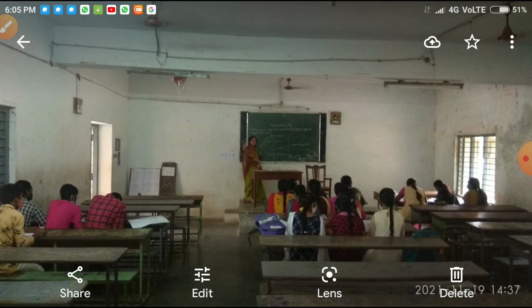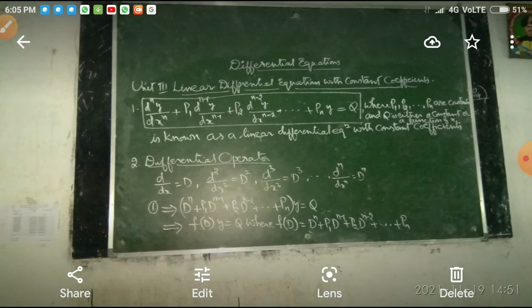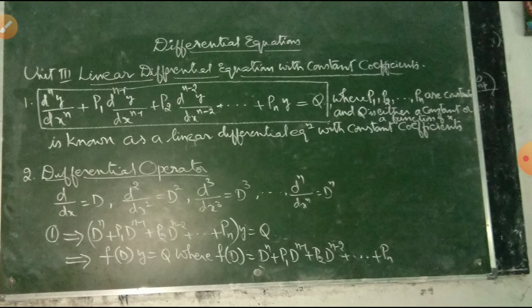Now we consider the fundamental definition of a linear differential equation with constant coefficients. It will be of this form: nth derivative of y with respect to x plus p1 times the n minus 1th derivative of y with respect to x, plus p2 times the n minus 2nd derivative of y with respect to x, and so on, plus pn y equal to q.